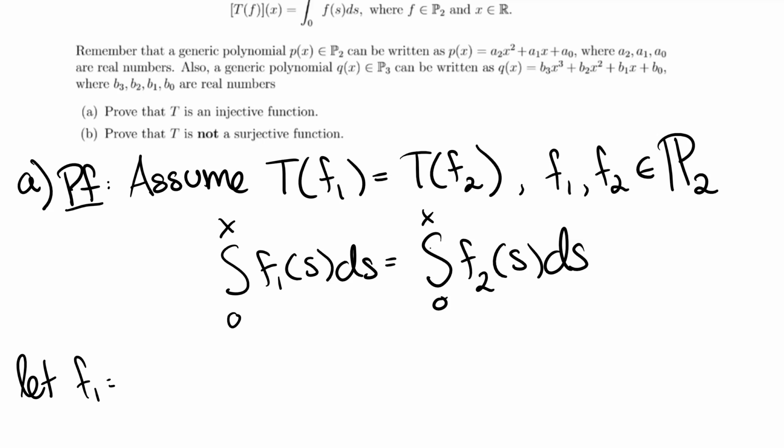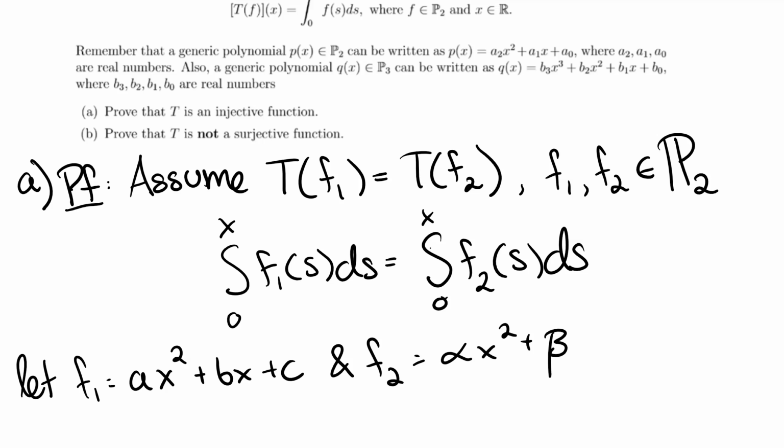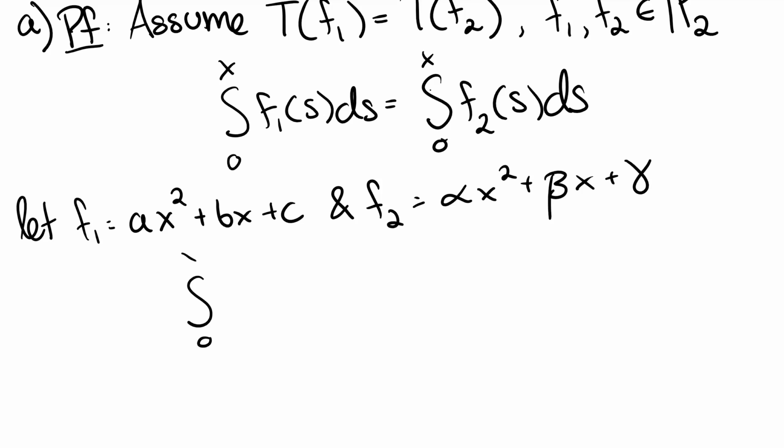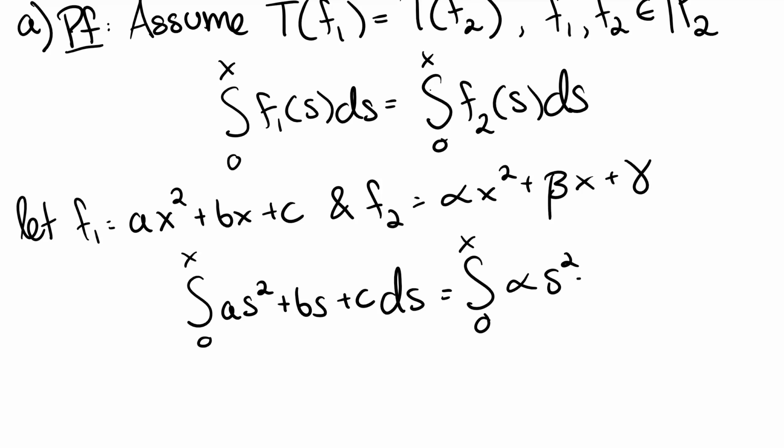So why don't we let f1 equal, let's say, a x squared plus b x plus c. And f2 can be alpha x squared plus beta x plus gamma. Then we have the integral from 0 to x of a s squared plus b s plus c ds equals the integral from 0 to x of alpha s squared plus beta s plus gamma ds.